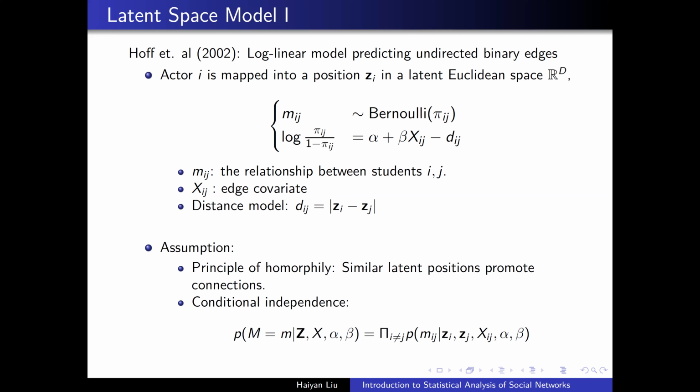Now, the second assumption is conditional independence. Conditional independence assumes that given the covariates included in the analysis and given the latent positions Z, the joint likelihood of all the edges, or of the entire network, can be written as the product of the likelihood of each dyad. This can only be true when conditional independence is satisfied.